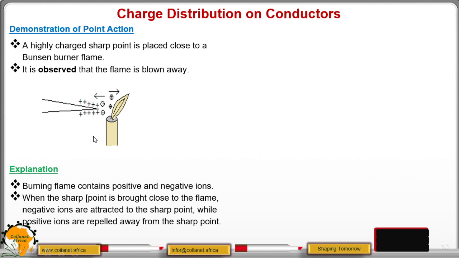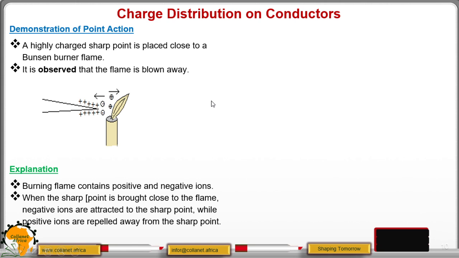And when the air particles are ionized, it will have positively charged ions and negatively charged ions. Because now our sharp end is positively charged, you will find that the negative ions will be attracted while the positive ions are repelled.